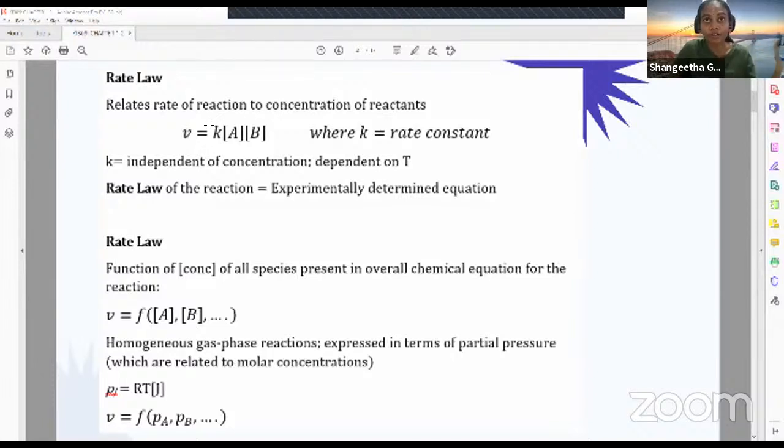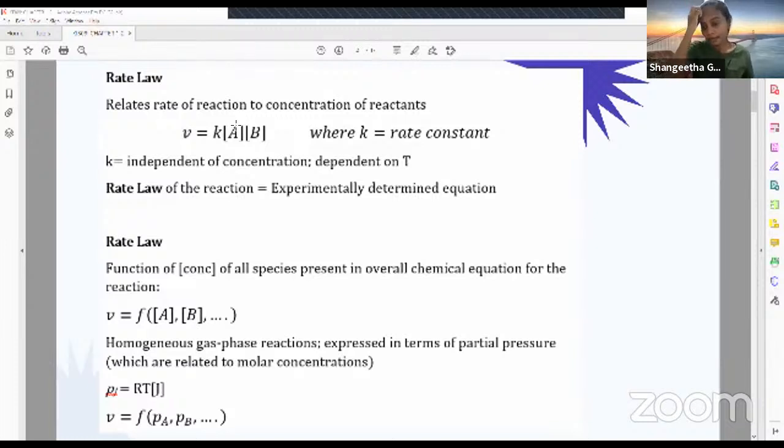Earlier on, we learned rate of reaction. Here, in order to write out the rate law expression, you write rate equals k, which is the rate constant, times the concentration of your reactant.